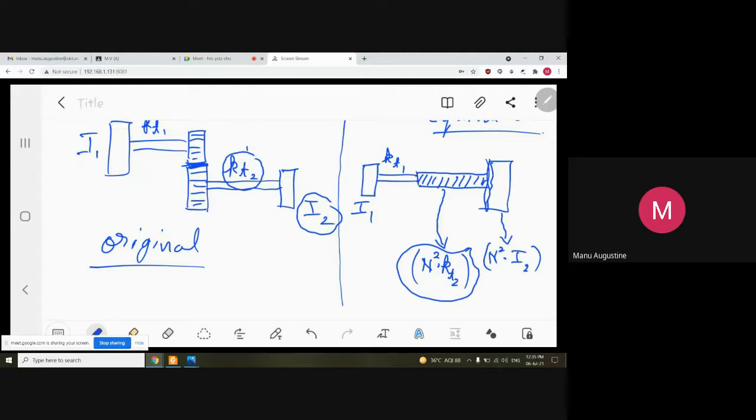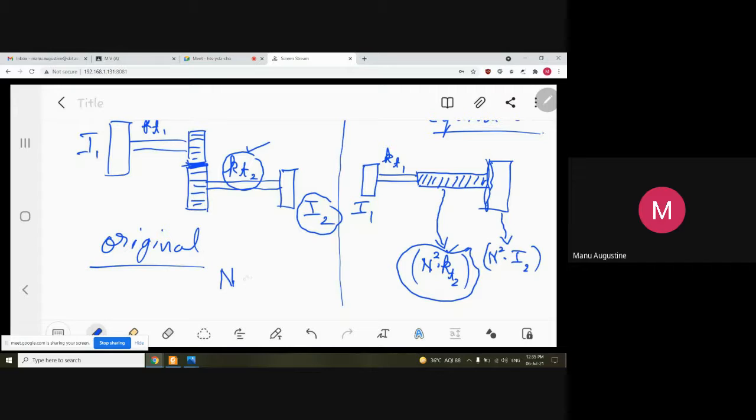See, kt2 was the original stiffness of the shaft, and n square kt2 is the stiffness of the new equivalent shaft that you are going to replace the original with. And what is this n?